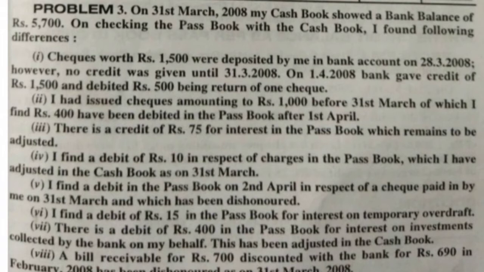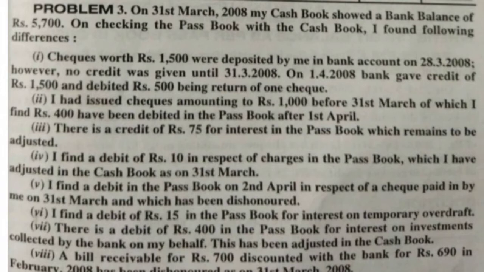But this separate transaction, that is a debit of rupees 500 for one check being written off, is not related to the month of March, and it is being debited as on 1st April 2008, and we are preparing the BRS as at 31st March 2008. So it is nowhere related to the BRS of 31st March.